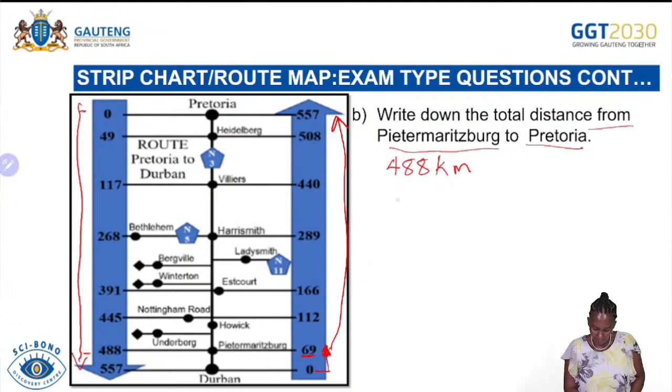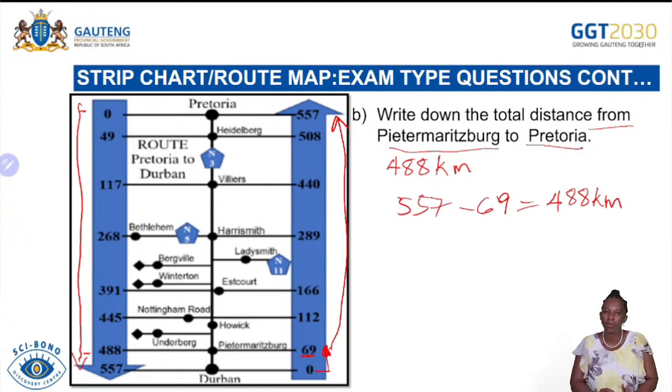We can use this one again: 557 minus 69 will still give you 488 kilometers. Boys and girls, you don't even need to do the calculation because the information is given.